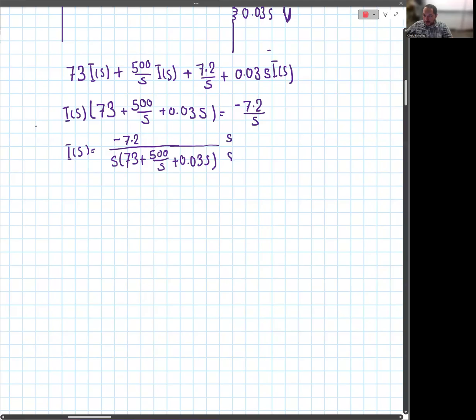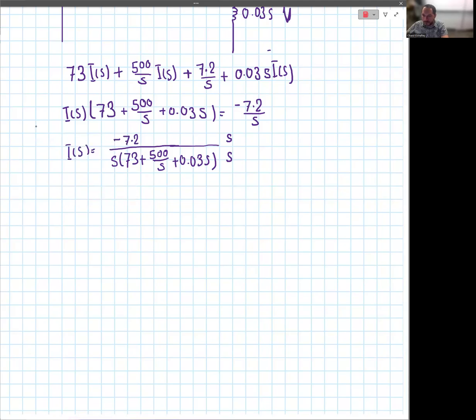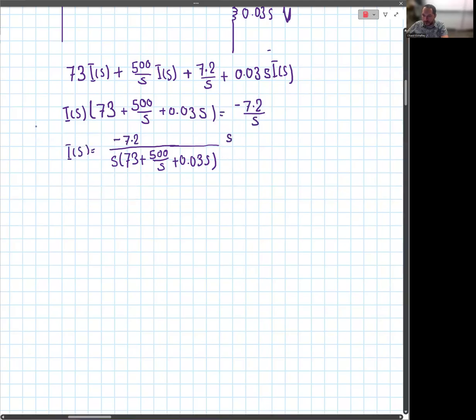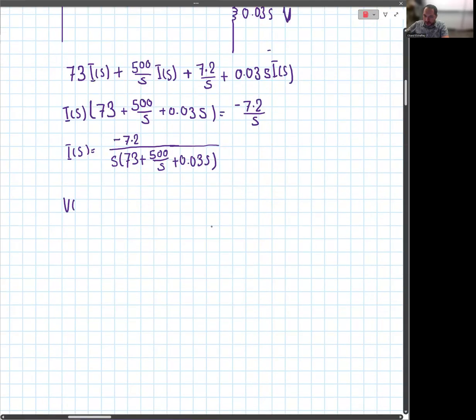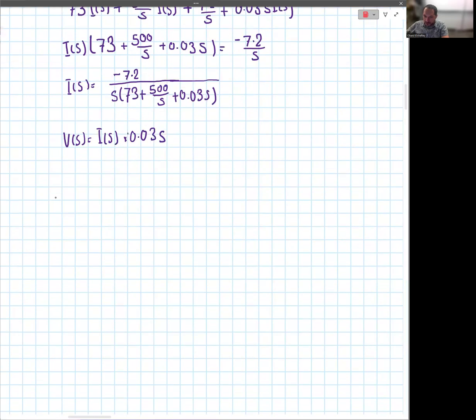Let's multiply top and bottom by S. So I of S equals negative, or before, a better way: we are not solving for I of S, we are solving for V(S). As we mentioned earlier, V(S) equals I(S) times the impedance across the inductor, 0.03 S.